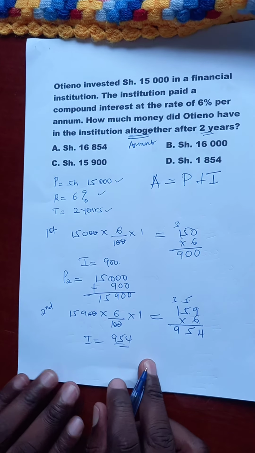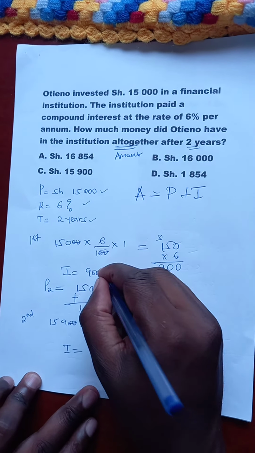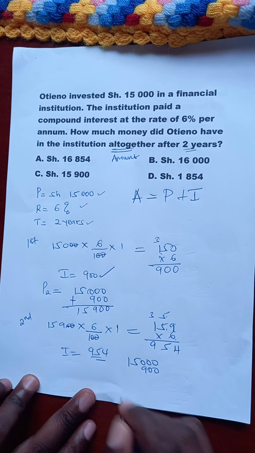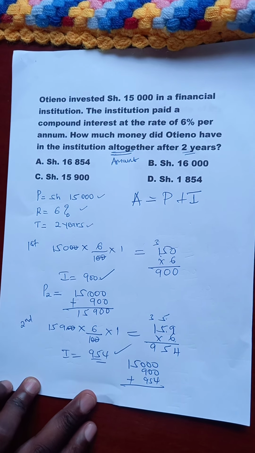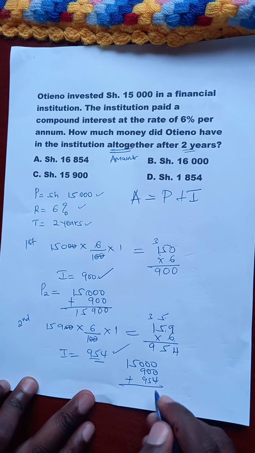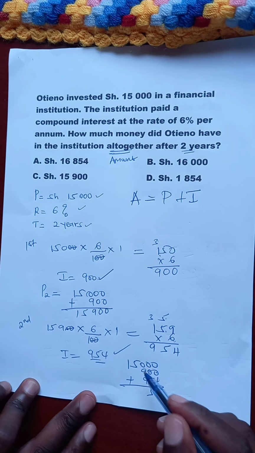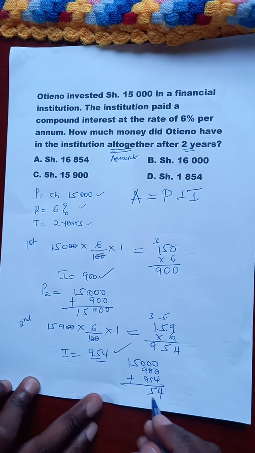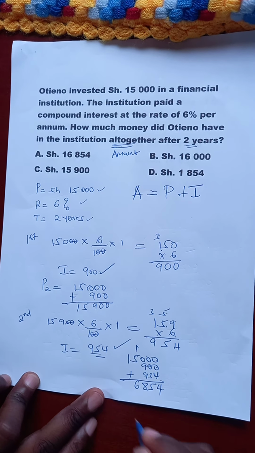So our principal was 15,000. The first interest is 900. The second interest is 954. You add 0 plus 0 plus 4, 4. 0 plus 0 plus 5, 5. 0 plus 9 plus 9, 18. You write 8, carry 1. 1 plus 5, 6.